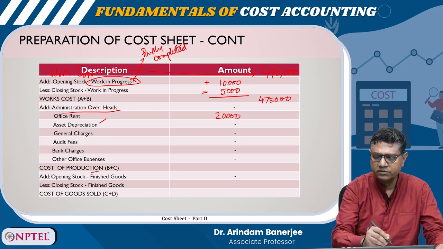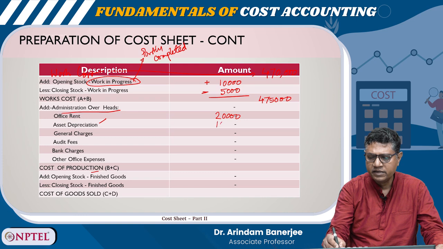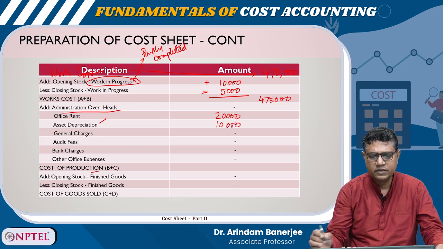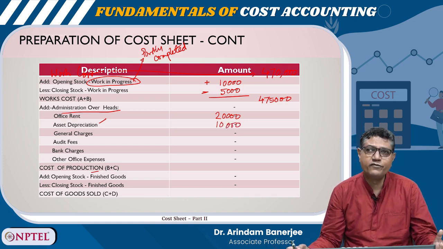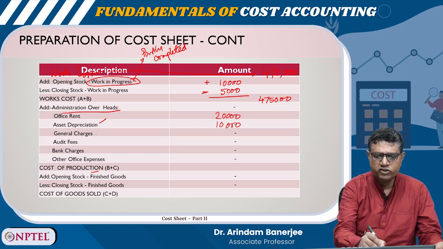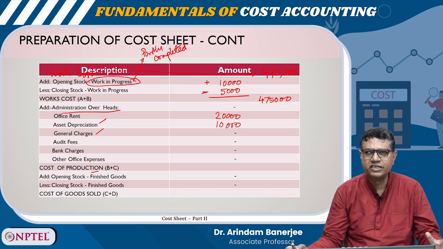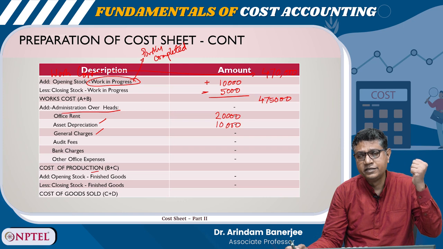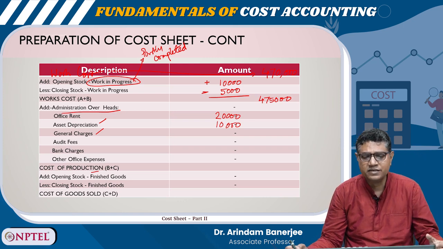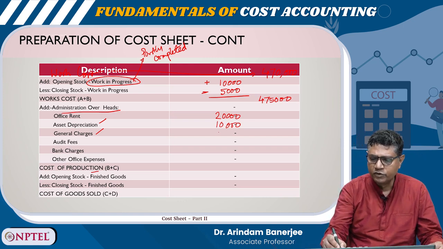Asset depreciation is say 10,000. This depreciation is different from the factory machinery depreciation, okay? General charges, other common expenses, like stationery, electricity used for lighting the offices, etc. Suppose it is 20,000 again.